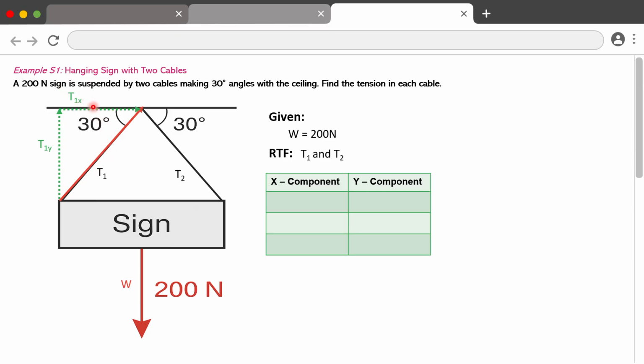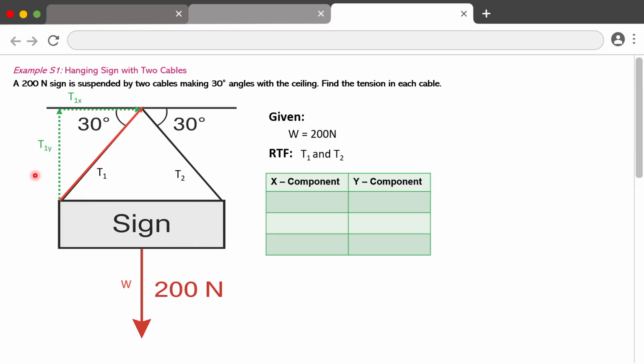Take a look at these two vectors. T1y starts from this point of the sign and ends at the ceiling, and from this point on, we draw the tail of T1x and end at this point right here.